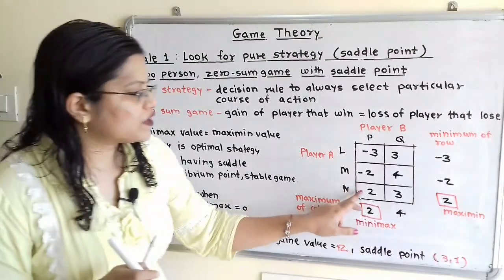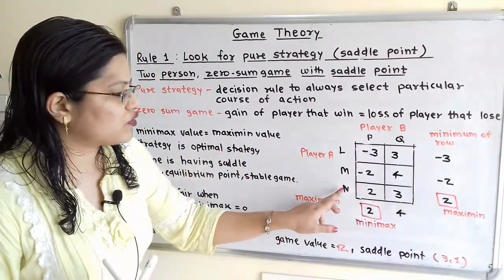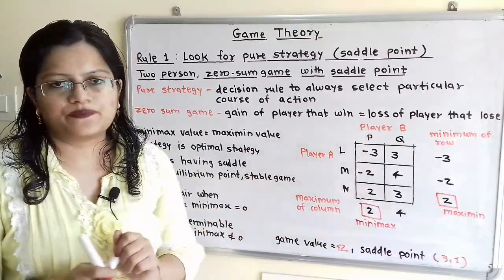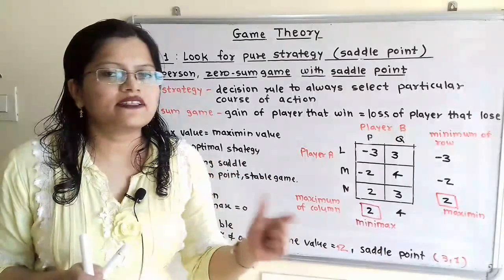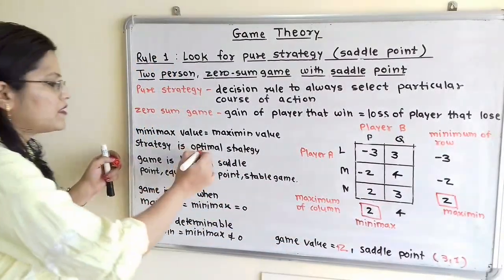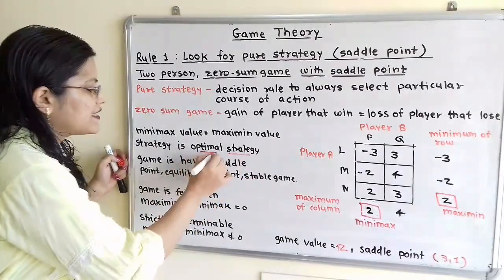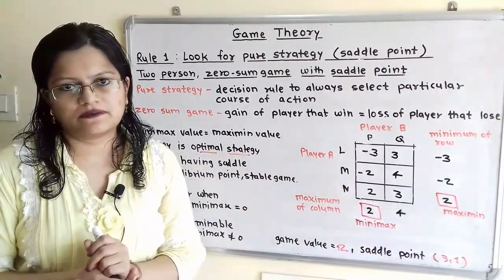So here a particular course of action is selected, that is the combination of N and P. For this question, this combination of course of action is the optimal strategy, and that is selected amongst all the pure strategies.